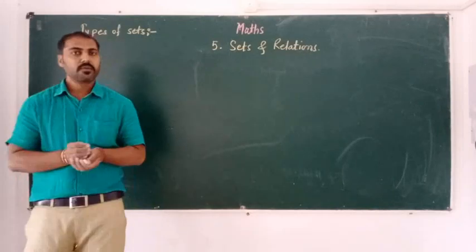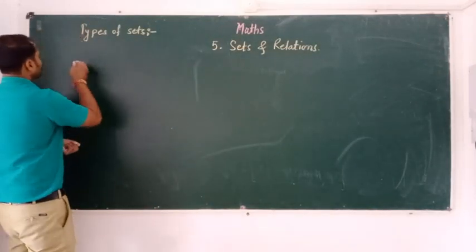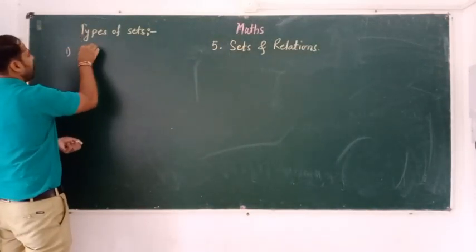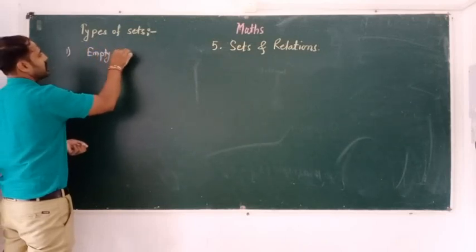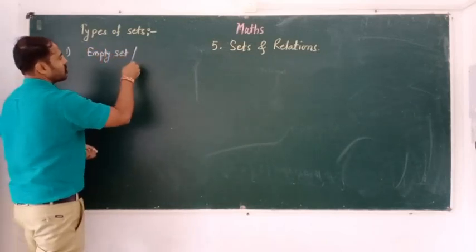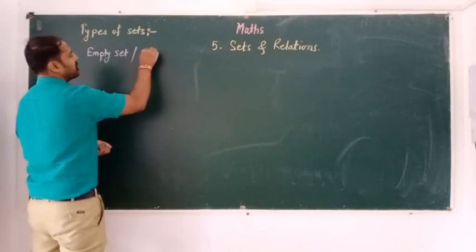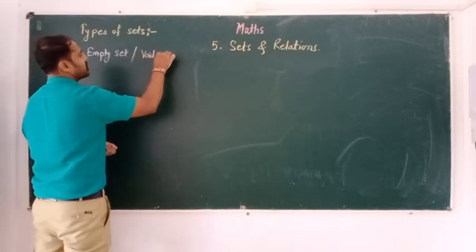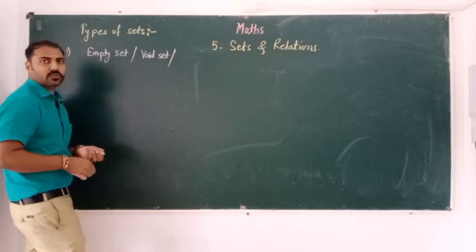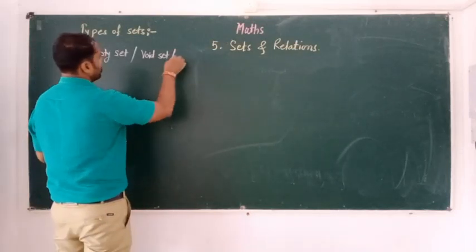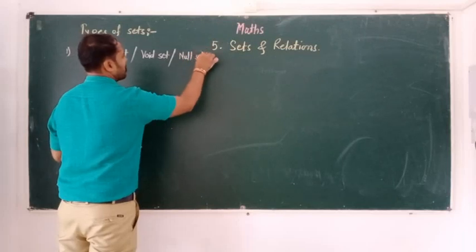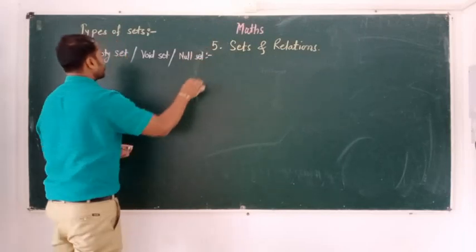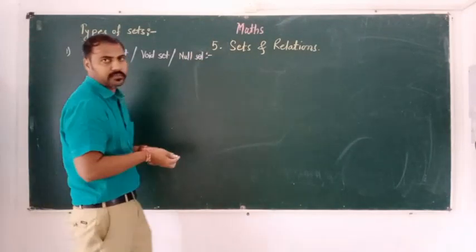The first type of set is the empty set. That set is also known as the void set, or the null set. It means the set which is empty.